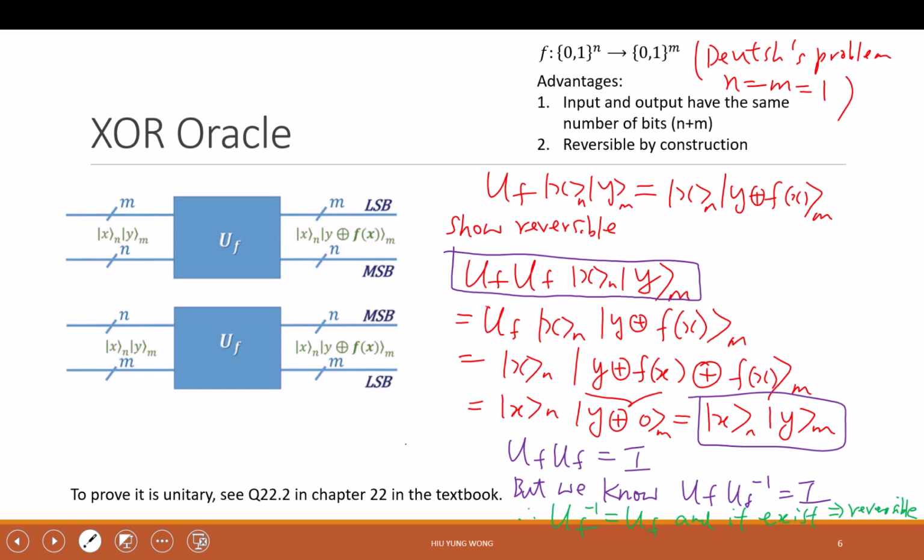When I say I lose information, it is in this way. If I want to know f of x, there should be a way, no matter what x I put in, that you give me the corresponding f of x. Then you say I have all the information. But now you do an exclusive or with y, which means you actually mask it by something. For example, maybe f of 0 and f of 5 are different, but after exclusive or with y, they might be the same.